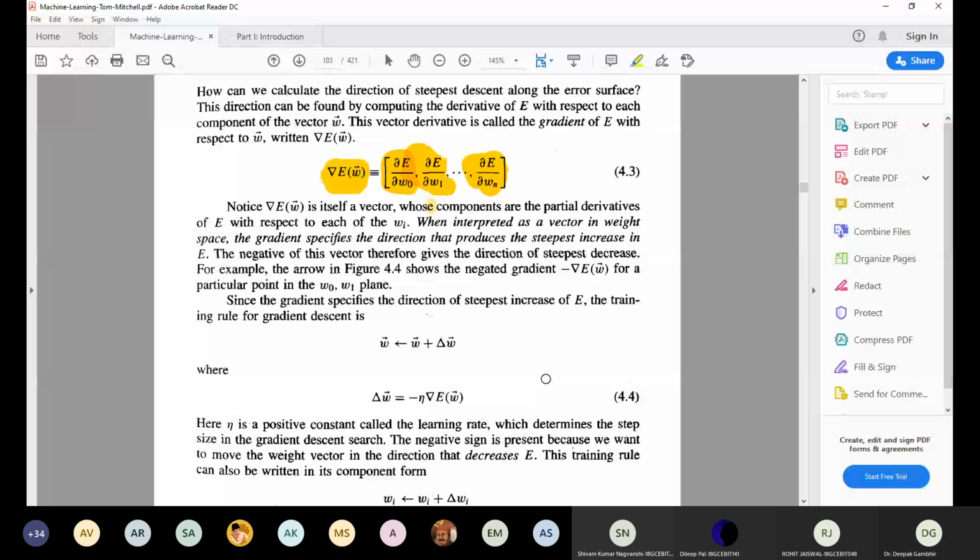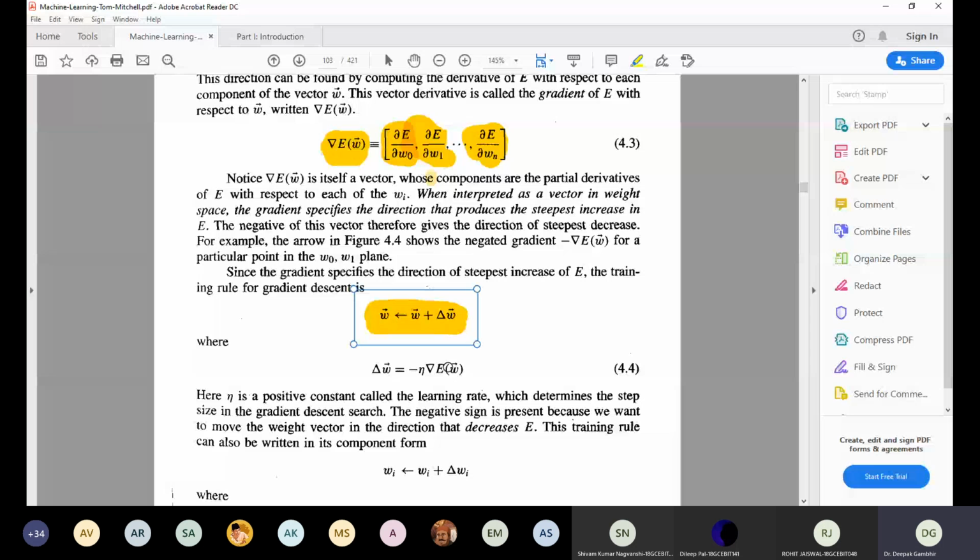So the change in weight is computed as the previous weight added with the change in weight, which gives you the new weights, as we have done in the case of perceptron. In the case of gradient descent, the change in weights is computed as the negation of the learning rate multiplied with the gradient of your error, which is computed here in point 4.3.